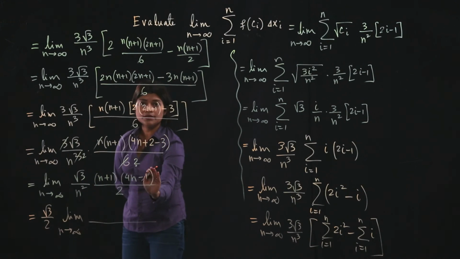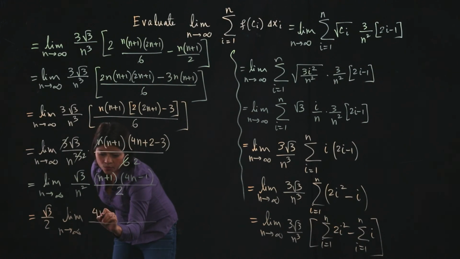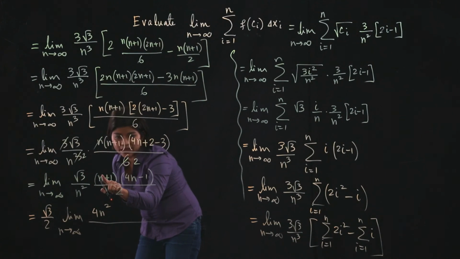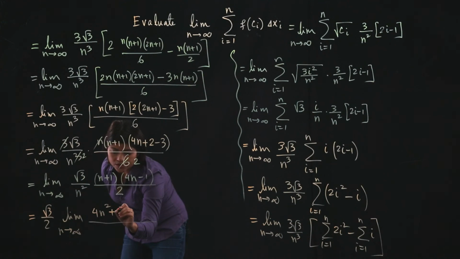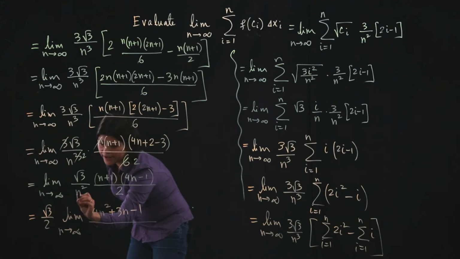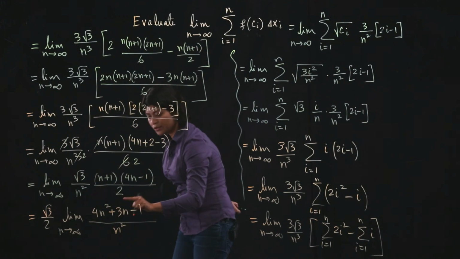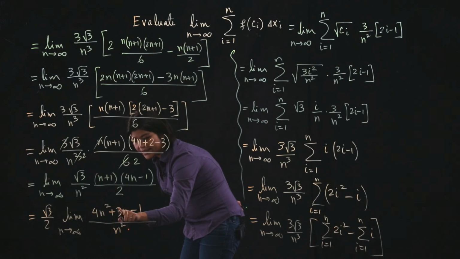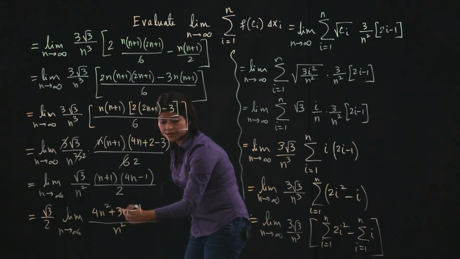now we have to FOIL the numerator. So let's do it quickly. n times 4n, that's 4n squared. Then we have negative n plus 4n, so plus 3n, and then negative 1, divided by n squared. So what you can do is divide each term in the numerator by n squared, and then take the limit.